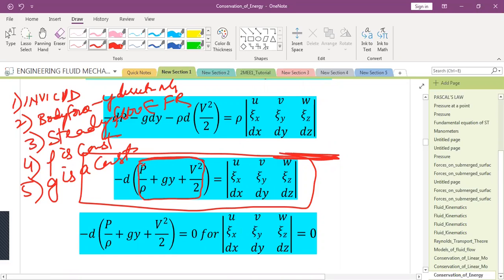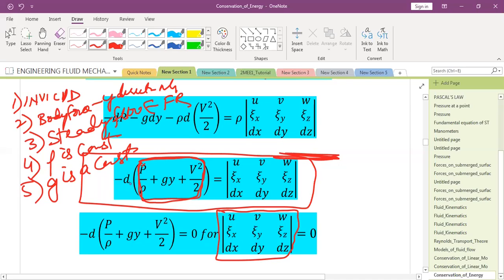For this term to be a constant, what should be satisfied? Derivative should be 0, or the right hand side should be 0. So this should be 0. Is that clear or not? Sir, can you repeat, please?